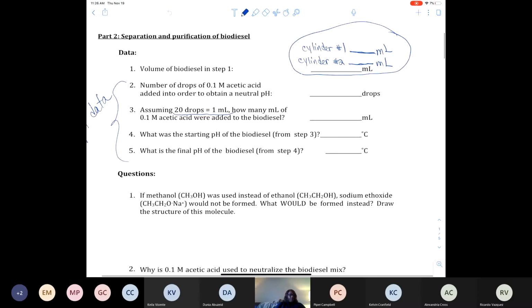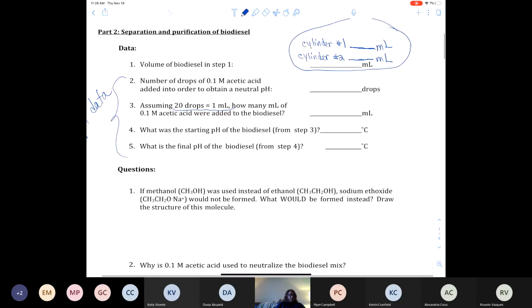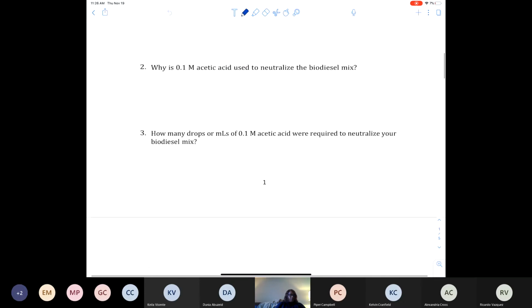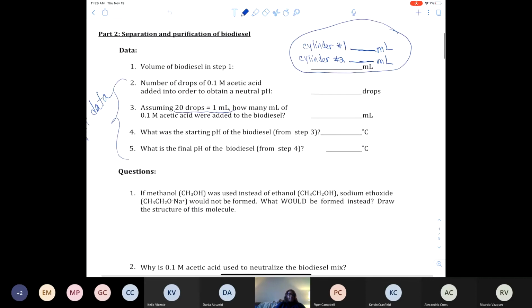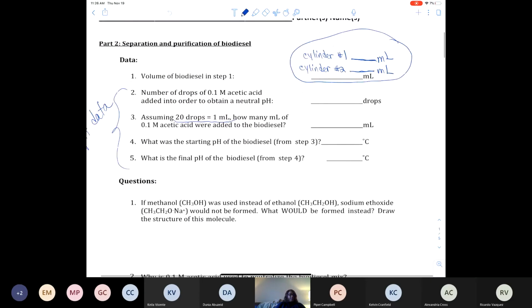Make sure you filled in your data for part 2, steps 1 through 5, as well as answer questions 1 through 3. It should take you about 35 minutes to get this part complete. So let's meet back in the general room at about 11:50, somewhere between 11:50 and noon.